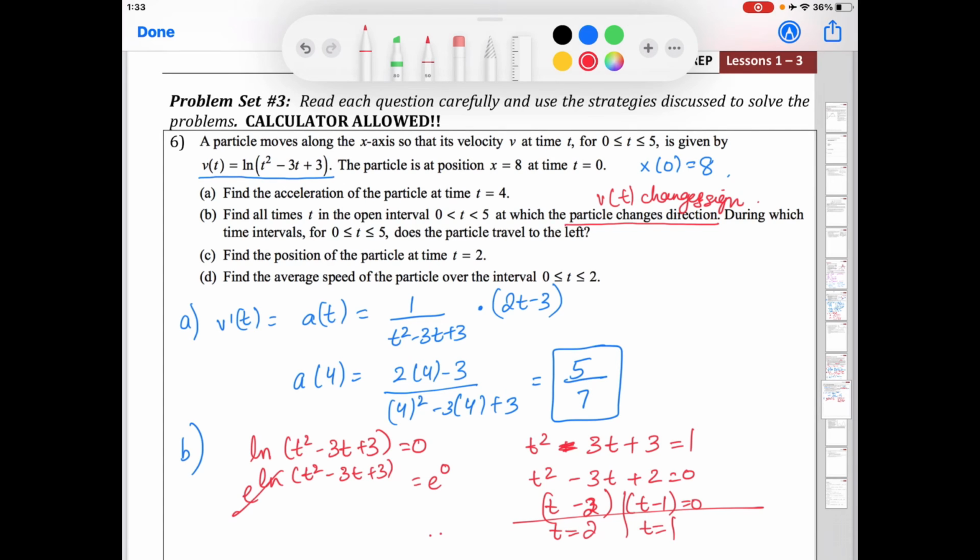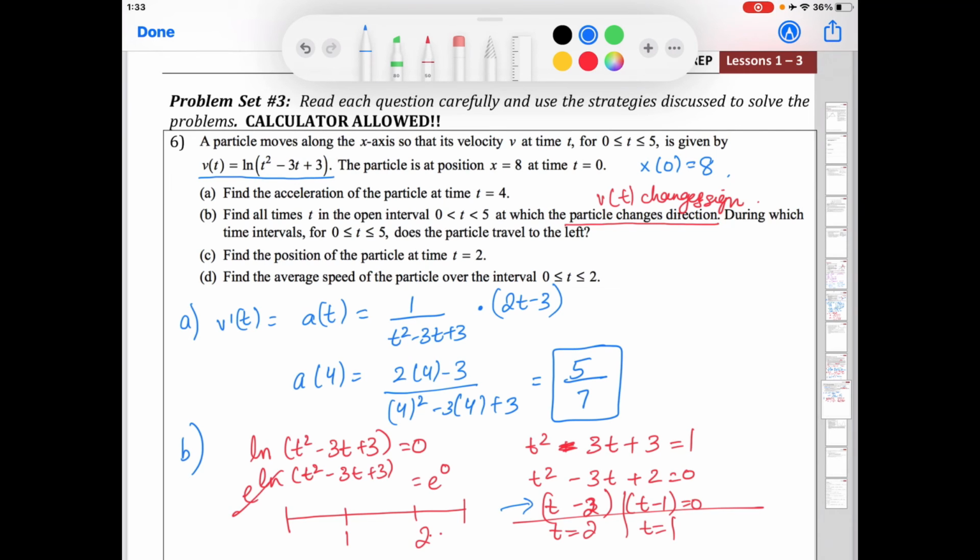Let's do a velocity number line, because it's asking me the time where the particle turns left. So t is from 0 to 5. My two numbers that will go on the number line, remember, my velocity number line, are 1 and 2. Now I'm going to take a number from each interval and check whether it's positive or negative. I always like to substitute in the factored form. It's so much easier.